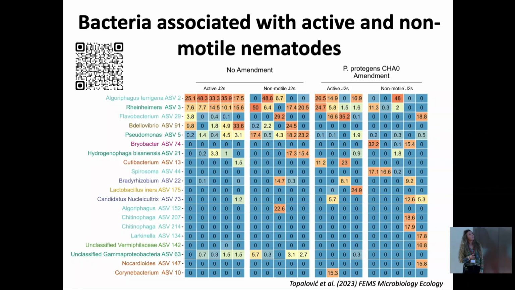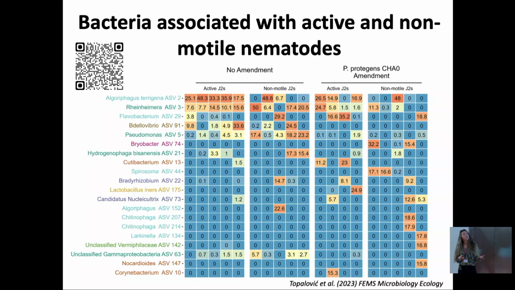For instance, here on the left side, you can see bacterial ASVs associated with active and non-motile juveniles in this soil G. And on the right side is the case when bacterial strain Pseudomonas protegens CHA0 was added to the suspension. We found that on active nematodes, there was an enrichment of the ASVs Algoriphagus terrigena and Bdellovibrio.